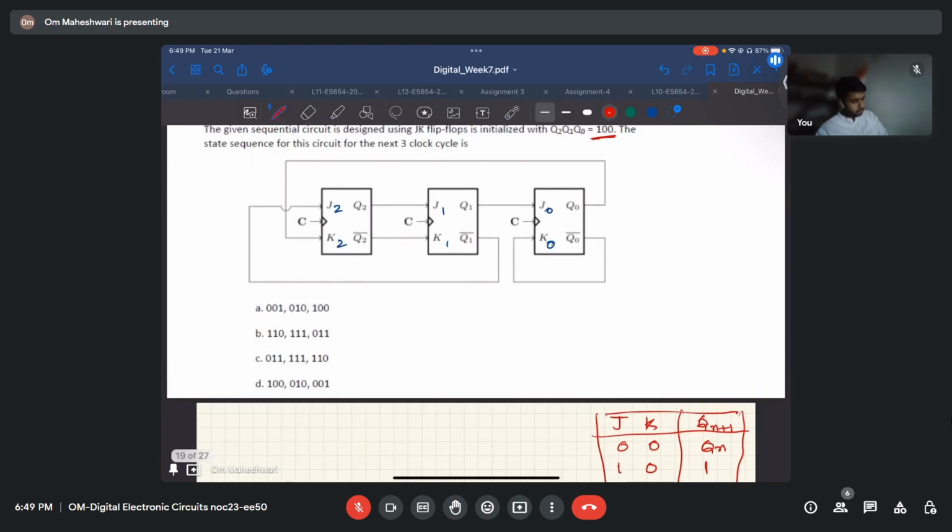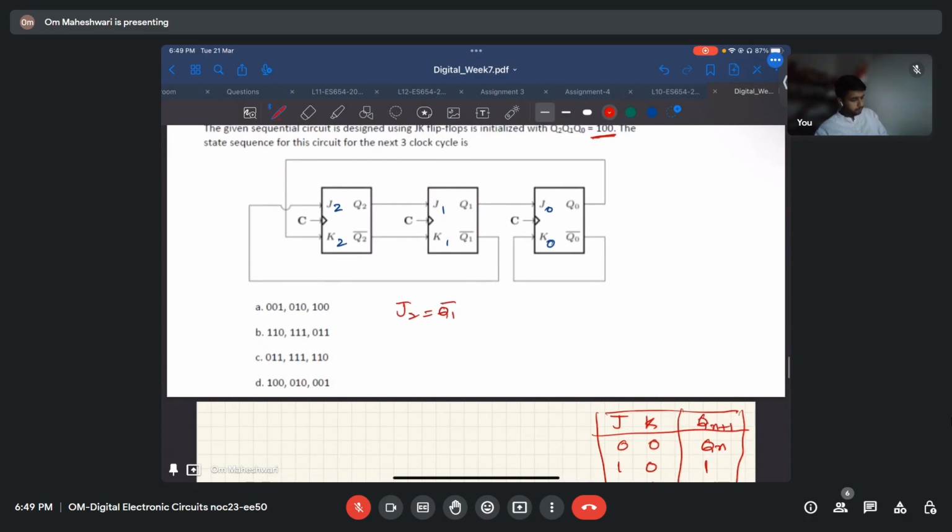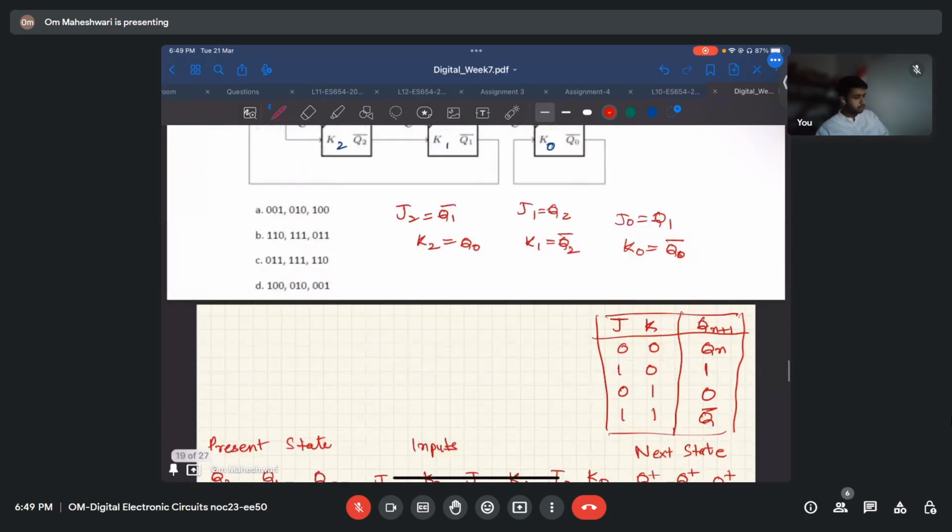So from here we can see J2 is Q1 bar, K2 is Q0, J1 is Q2, K1 is Q2 bar, and J0 is Q1, K0 is Q0 bar. Okay, let us use this.